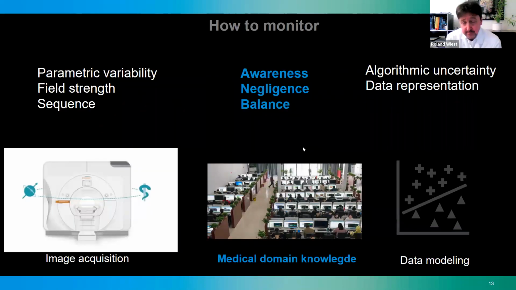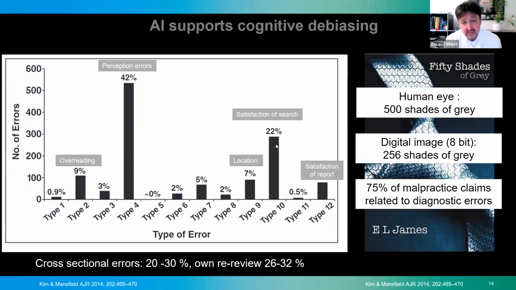The second step that I would like to discuss is what is the benefit of this kind of artificial intelligence technologies. And for that, we should go a bit into our own competences, that means into our own domain knowledge. All of us know that we are prone to error, mainly perception errors, and also something called satisfaction of search.